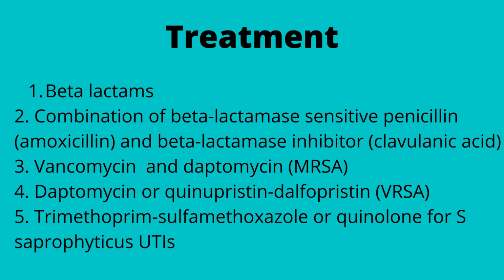In case of methicillin-resistant Staphylococcus aureus, the treatment of choice is vancomycin or daptomycin, while in case of vancomycin-resistant Staphylococcus aureus, the drug of choice is daptomycin or quinupristin-dalfopristin combination. While urinary tract infections caused by Staphylococcus saprophyticus can be treated with the trimethoprim-sulfamethoxazole group or quinolones, for example ciprofloxacin.